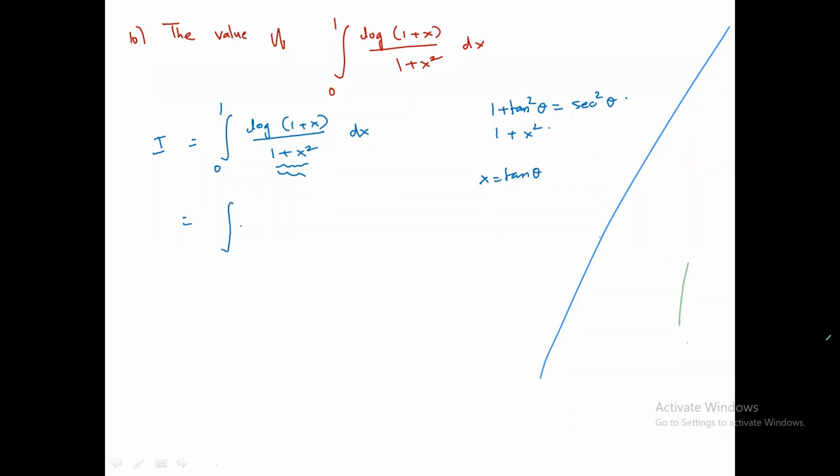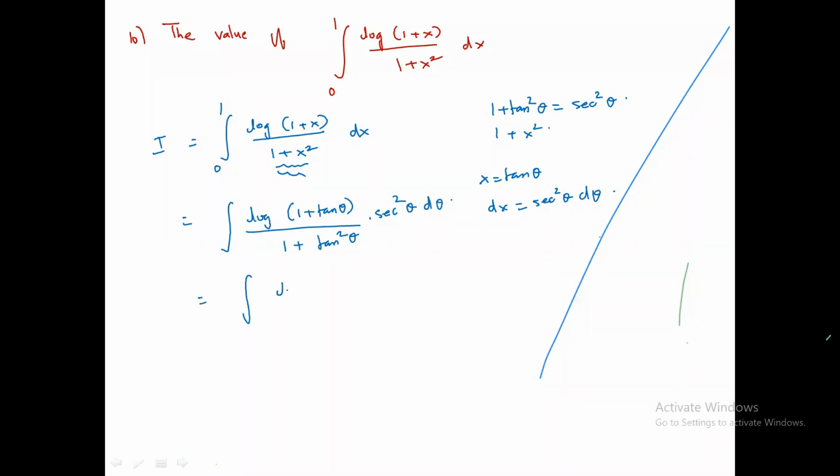So I have the integral of log of 1 plus tan theta, by 1 plus tan square theta. Now dx will be secant square theta d theta. In place of dx, I can write secant square theta d theta.